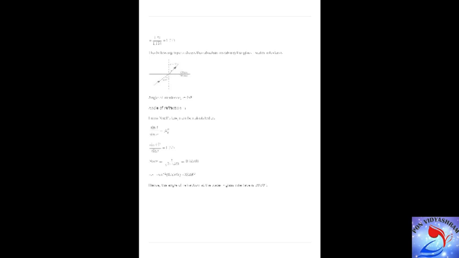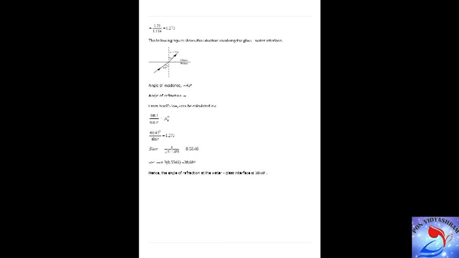So we are just going to divide both the values we have got, with respect to glass and air and water. So if we substitute the values, we'll get 1.51 divided by 1.84 is equal to 1.275.